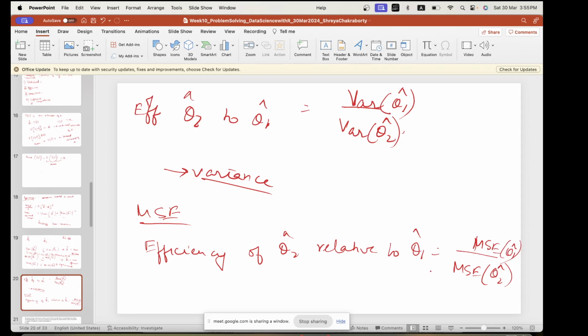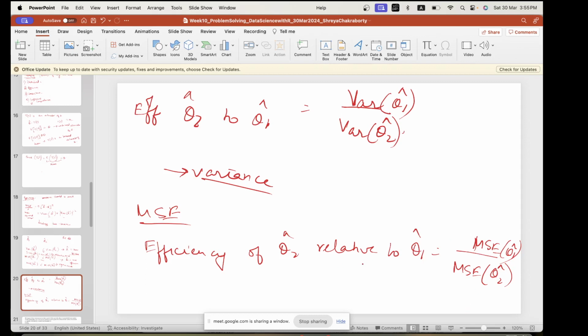And if the efficiency is less than 1, then MSE of theta 1 hat will be less than MSE of theta 2 hat, and that means theta 1 is more efficient than theta 2.